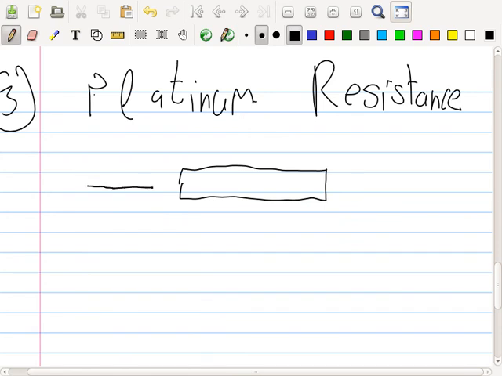The power goes in, the current goes in, and the current comes out. If this is hot, it means there's lots of resistance. You know what I mean by resistance? So the current here will get smaller. The hotter this is, the less current you'll have here.